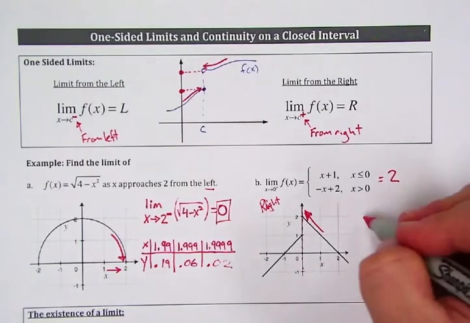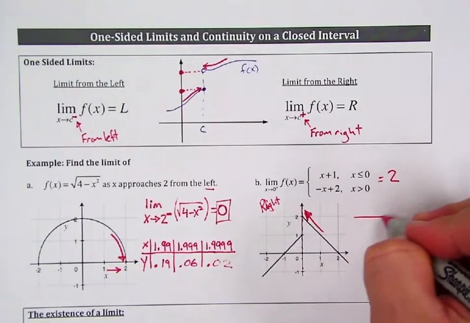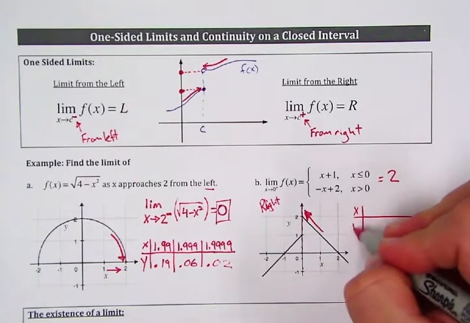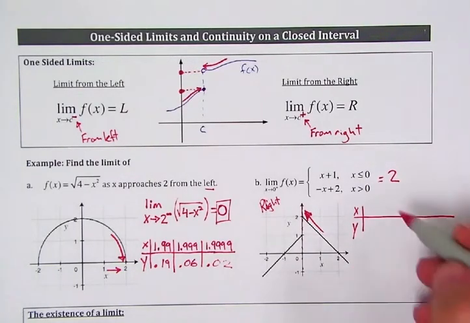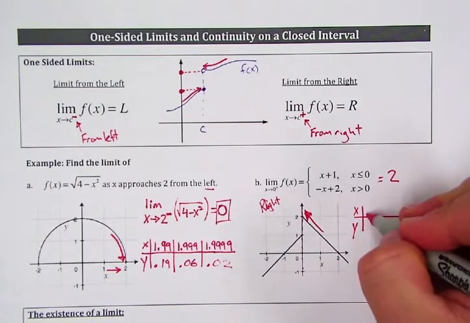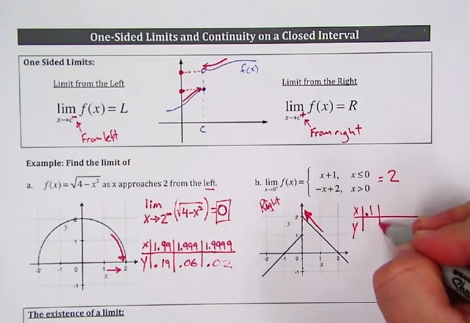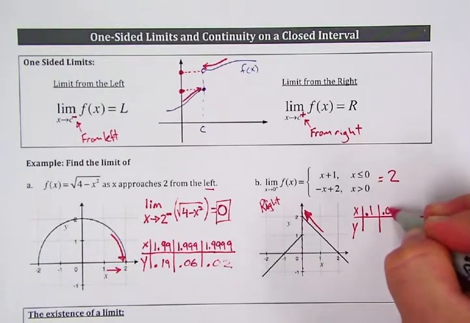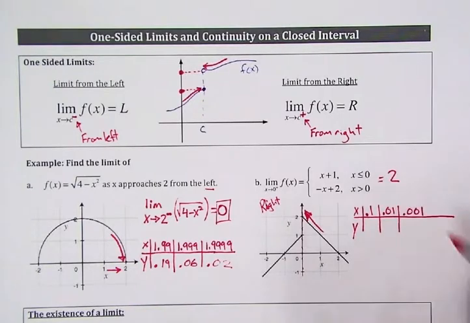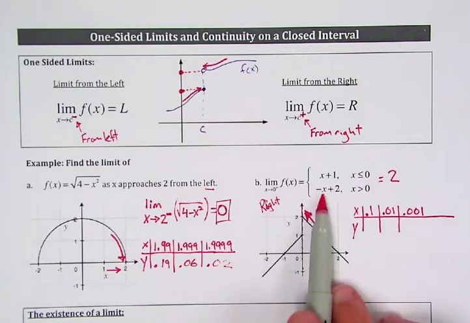If we go ahead and set up our table of values, we're getting closer to 0 from the right, so we're going to start positive and then get smaller. So 0.1, 0.01, 0.001, and we could probably just do this one in our head here.